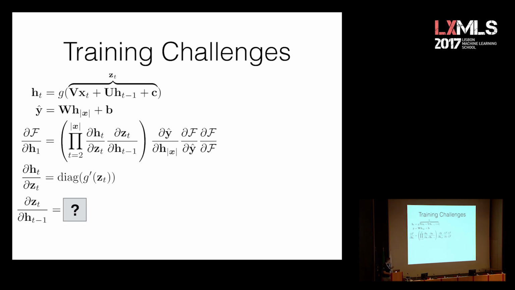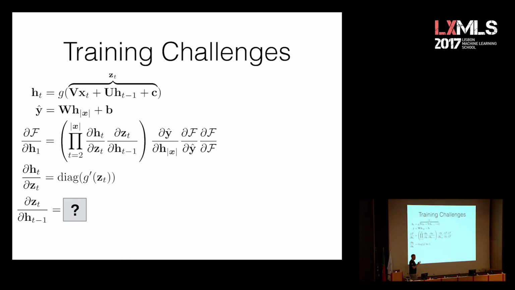So the derivative of ht with respect to zt, that's just saying, what is the derivative of this nonlinear function? Well, that just depends on the nonlinear function you've got. If you're using a tanh, it's going to be one thing. If you're using a ReLU, it's going to be something else. But all of them are going to be diagonal matrices.